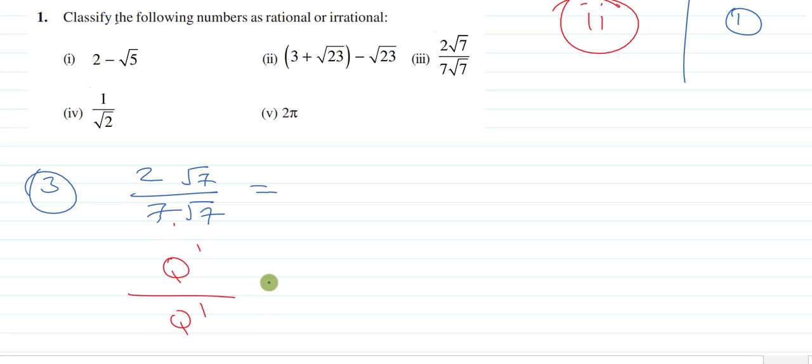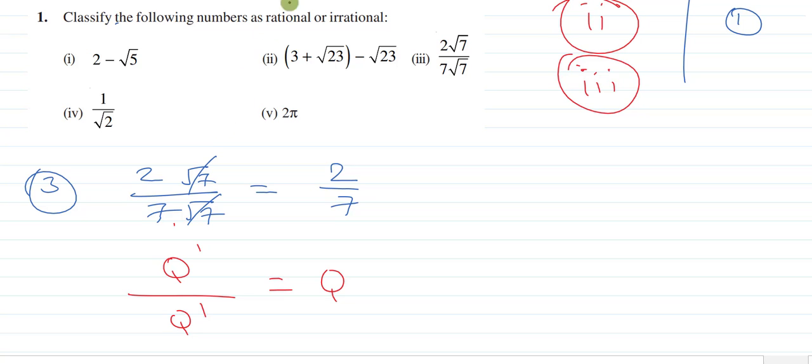Denominator is also an irrational number, right? Just solve this first. This root 7 will get cancelled. 2 by 7. 2 by 7 is a rational number, right? P by Q form you can see. Or if you divide this 2 by 7, it will be terminating or repeating. So here I can see the answer is a rational number. So the third will be of category rational number.